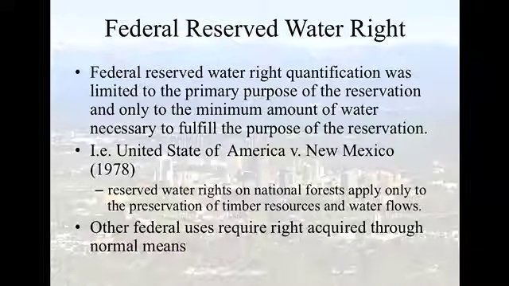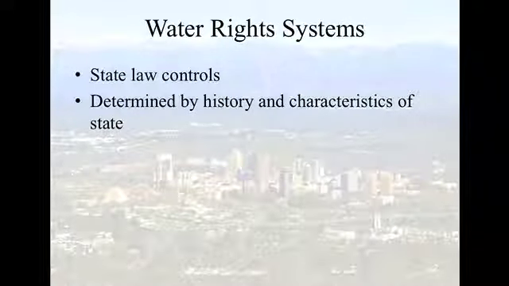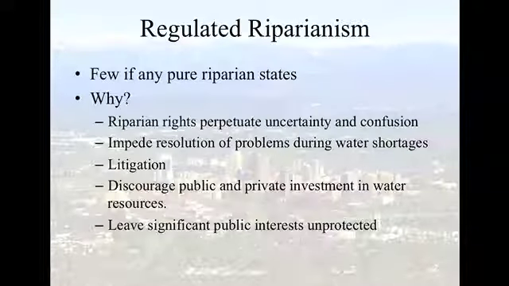Yes, exactly. All right, so we've talked about the three major kinds of water rights. There are some other fairly minor ones that we're not going to cover too much. So let's talk a little bit about the systems that different states decide to adopt. Again, this is decided by state law, not federal law. It's a property rights issue. And generally, we find that this is determined by the nature of the state that we're looking at.